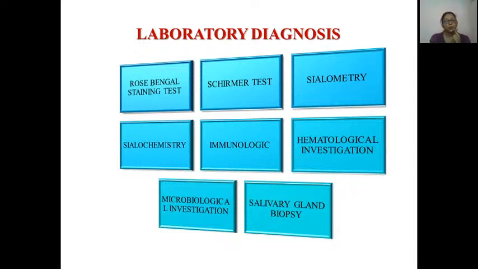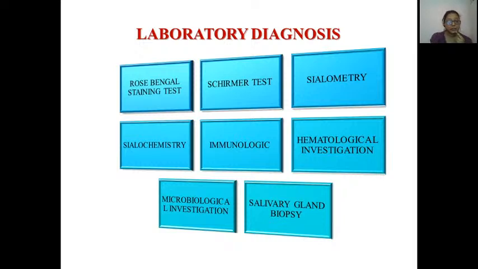Sialometry also diagnoses the salivary content. Sialochemistry, we can check the various immunoglobulins or various enzymes. Immunologically also, we can check through various immunoglobulins. Hematological investigation, here we can see a very raised ESR, and thus we can investigate.